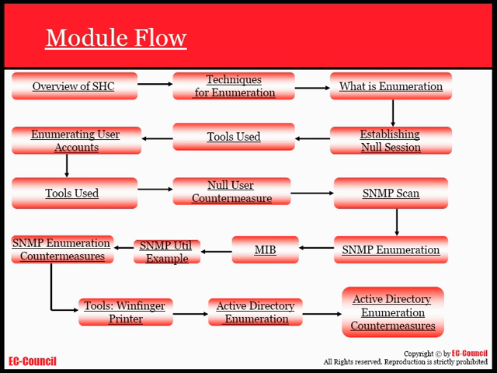Then we'll look at SNMP scanning, SNMP enumeration, MIBs, and SNMP utility examples. Then we'll talk about SNMP countermeasures, and we'll look at tools such as WinFingerprint. We'll also look at Active Directory enumeration, and finally we'll talk about the countermeasures for Active Directory enumeration.